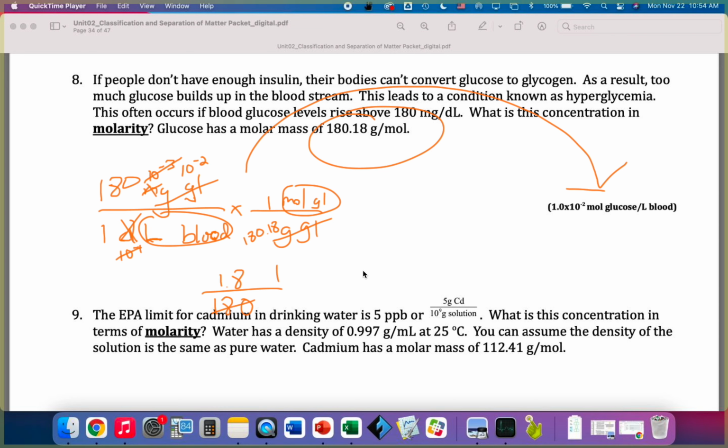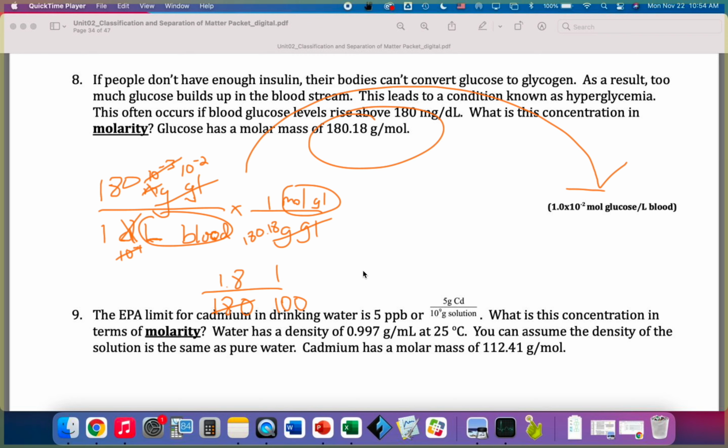This is not 18, but it's 180, so 100. Yeah, that looks good. So it's probably 0.01. And yep, that's looking good there.